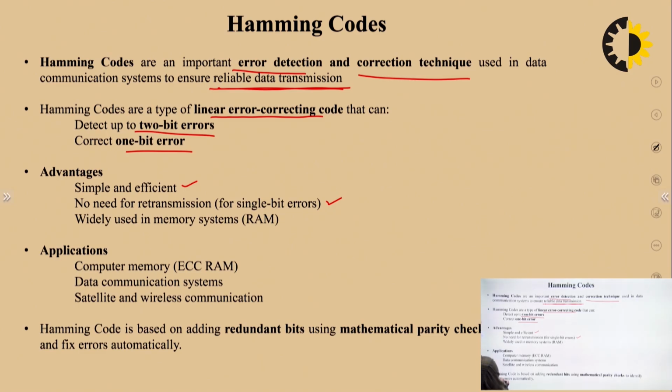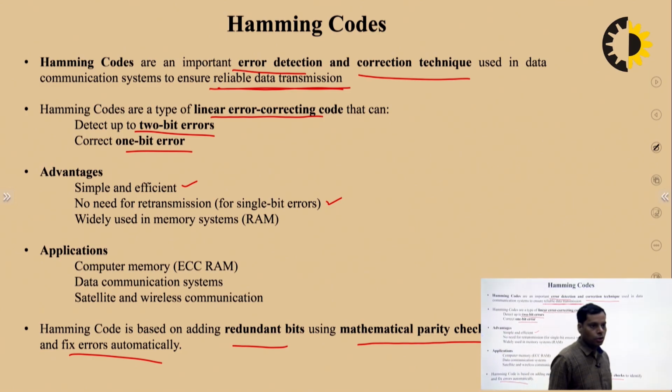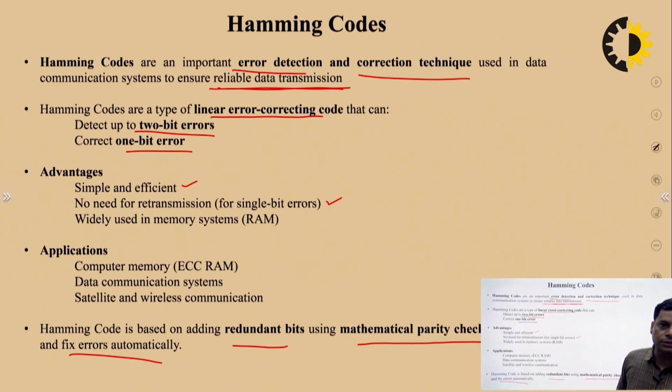Along with these advantages and applications, the Hamming code is based on adding redundant bits using mathematical parity checks to identify and fix errors automatically. This line explains how it can be performed mathematically, and how it is able to detect or correct the data.